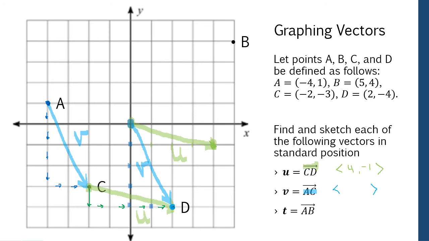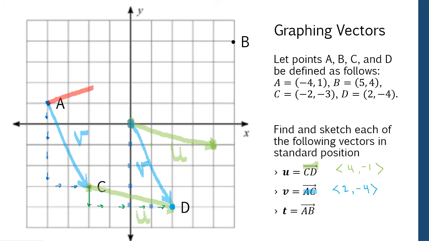It just happens to be at point D, but that has an x coordinate of 2 and a y coordinate of -4. So in standard notation, vector v is bracket 2, -4 and bracket. The last example of this would be vector t, which is the vector from point A to point B.